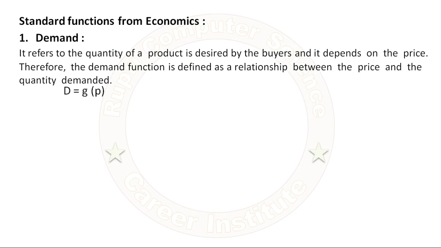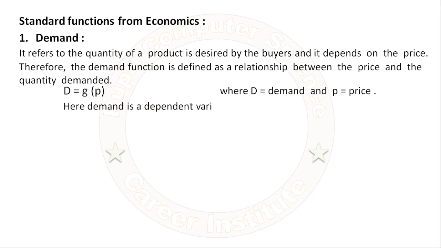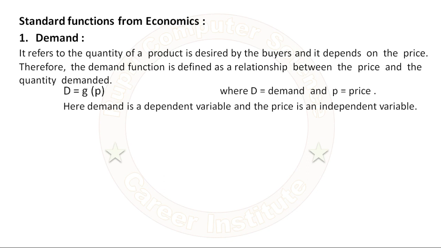Therefore, D is equal to g of P, where D is demand and P is price. Here, demand is the dependent variable and price is an independent variable. Now we understand how demand is the dependent variable and how price is the independent variable.